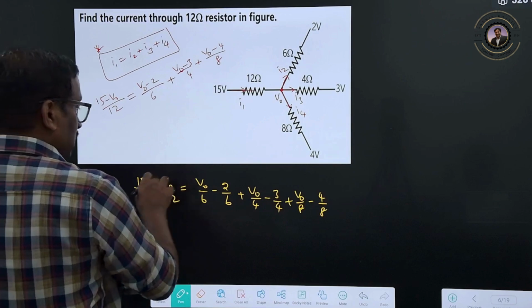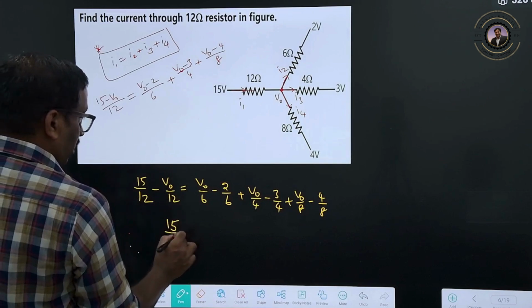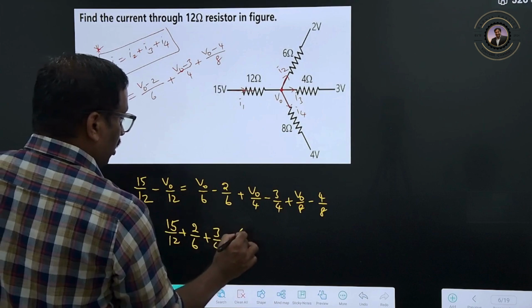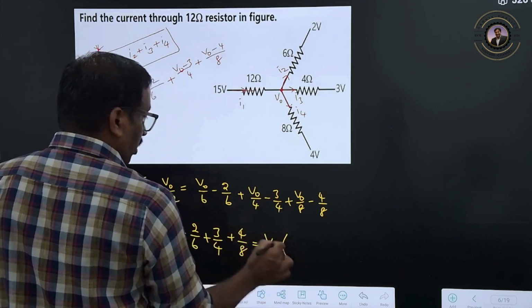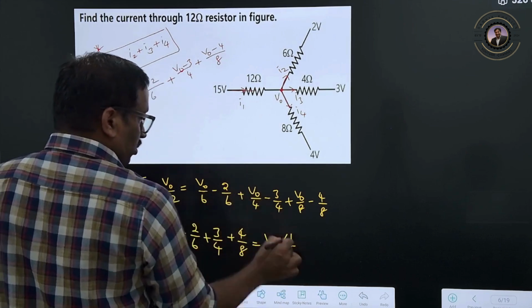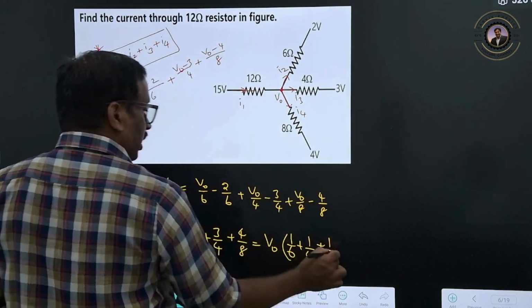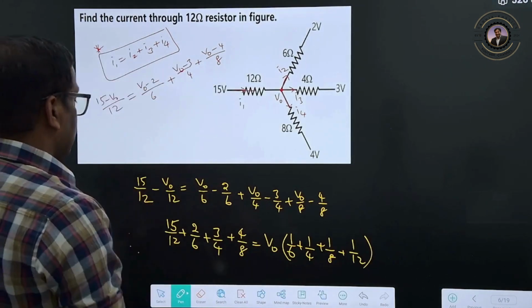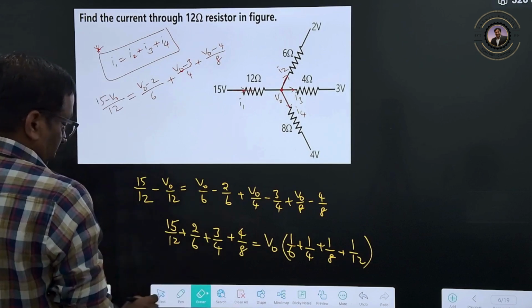So this minus V0, we will take all this toward this side. Therefore 15 by 12 plus 2 by 6 plus 3 by 4 plus 4 by 8 is equal to V0 taken common: 1 by 6 plus 1 by 4 plus 1 by 8, plus 1 by 12. Clear? So therefore here I can just simplify it.